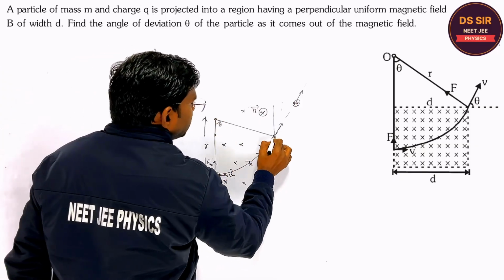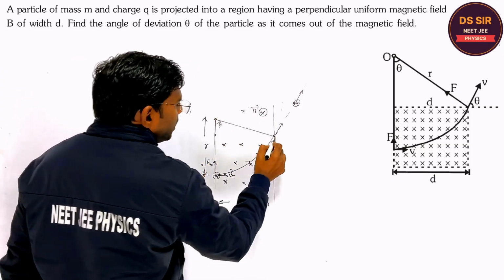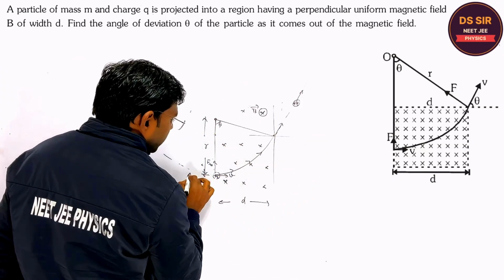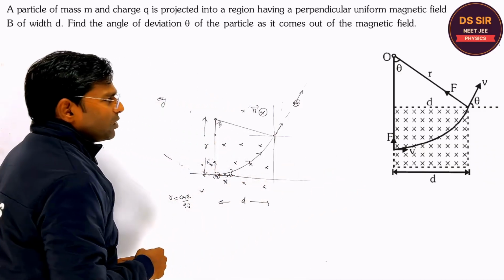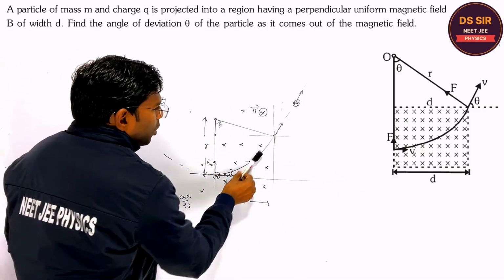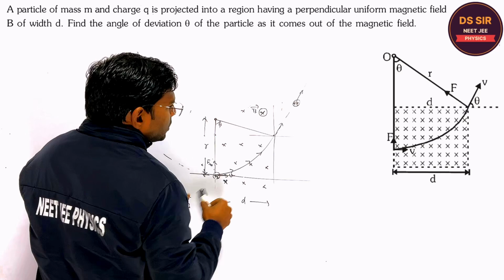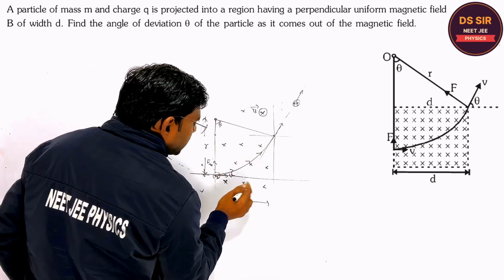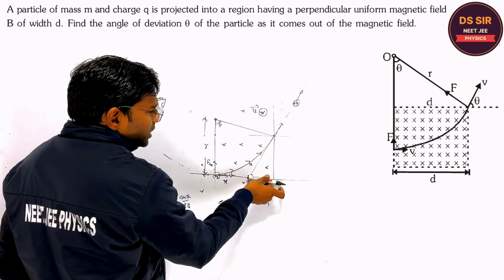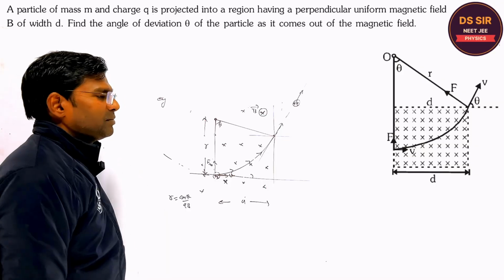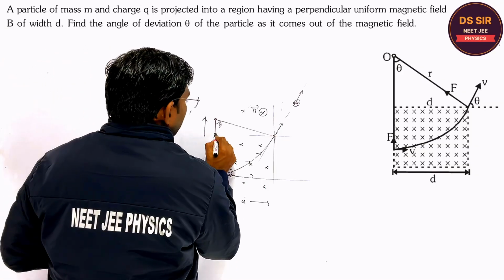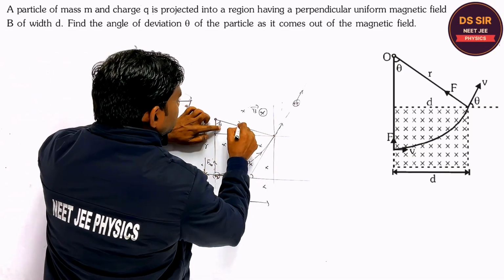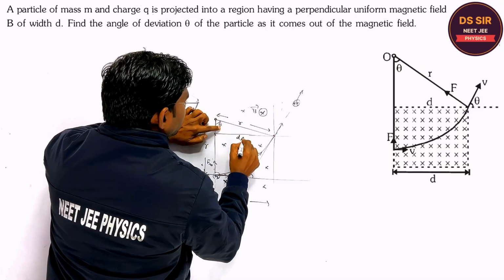Listen to one thing. If this is the initial direction of the velocity, now it is going in this direction. So what is the deviation? This angle is the deviation, or not? Suppose this angle is theta, this is the radius r, this is the distance d.